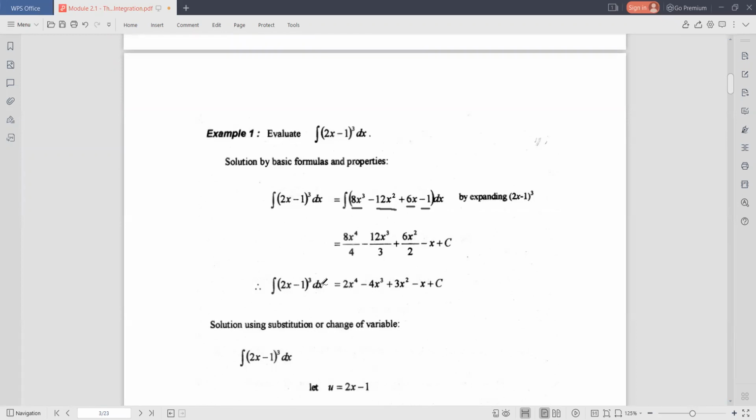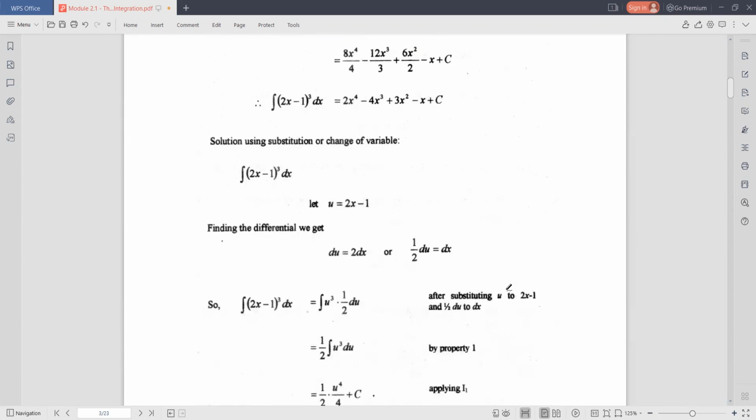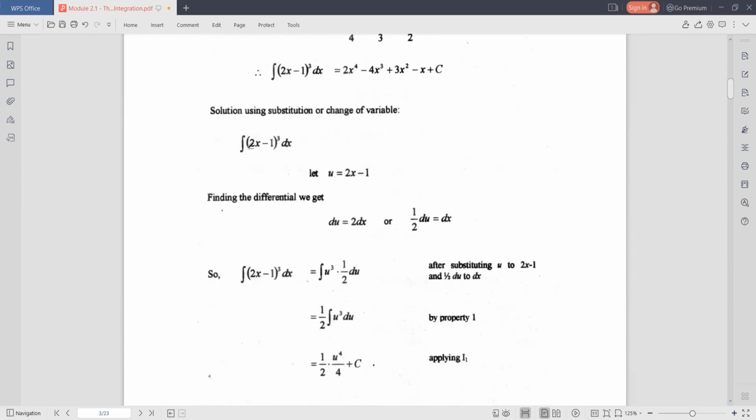But we can also solve this one by the means of substitution and or change of variable. So let's take a look. So dito. Okay, so we let a variable u, which is equal to this function, that is 2x minus 1. Okay, so this is our function.